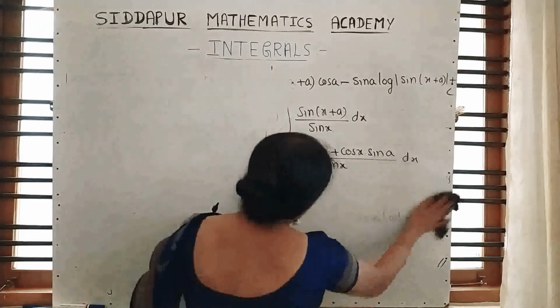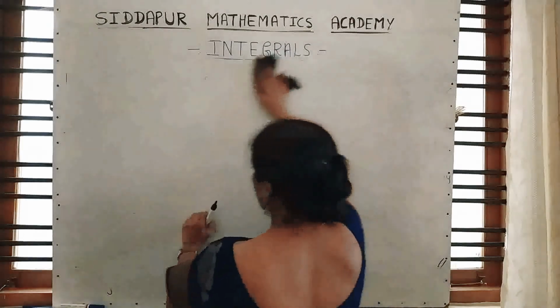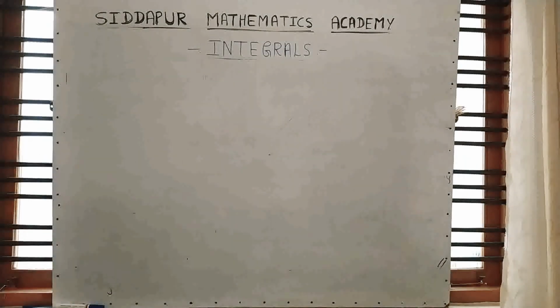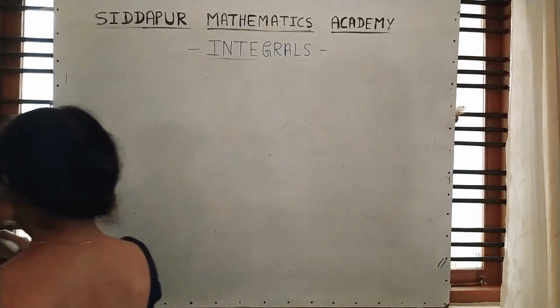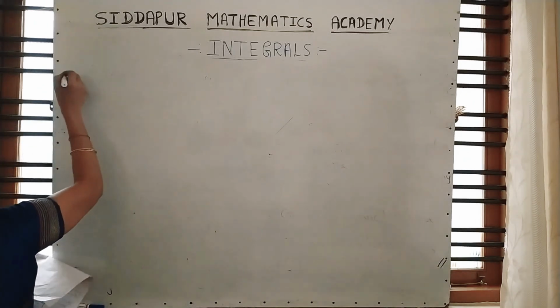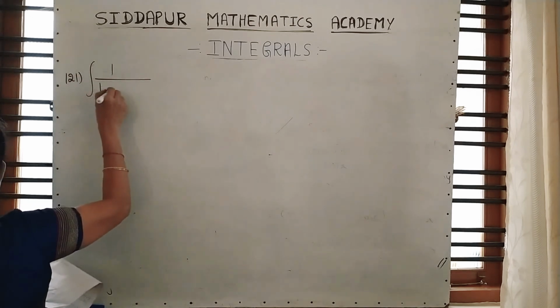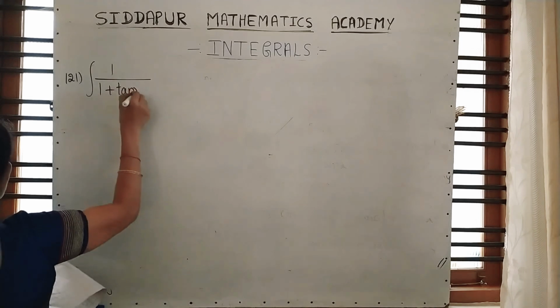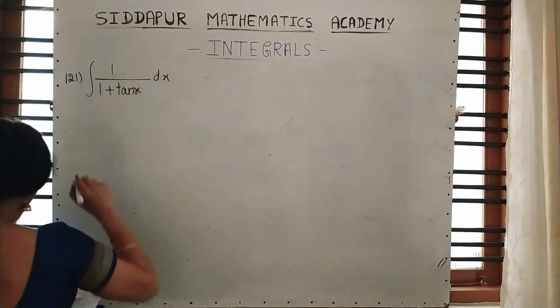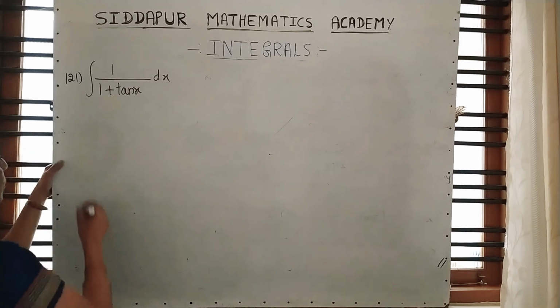Moving to the next example, that is 121: 1 upon 1 plus tan x. This type of example I already explained in 7.2.